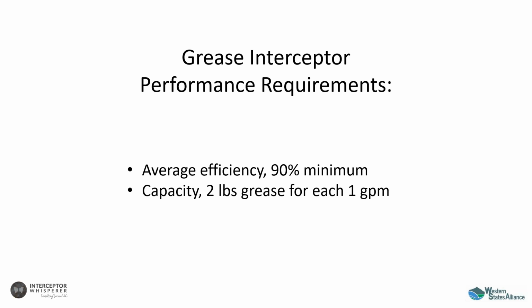And so they would test an interceptor multiple times to determine its efficiency as an average, and then the minimum capacity for that device was decided to be 2 pounds of grease for each 1 gallon per minute of flow rate. So if it was tested at 20 gallons a minute, it would need to hold 40 pounds of grease. So this protocol became the required performance test for all military installations moving forward, and that went on for quite a long time.